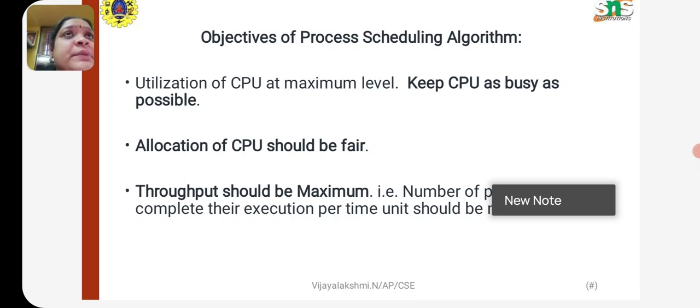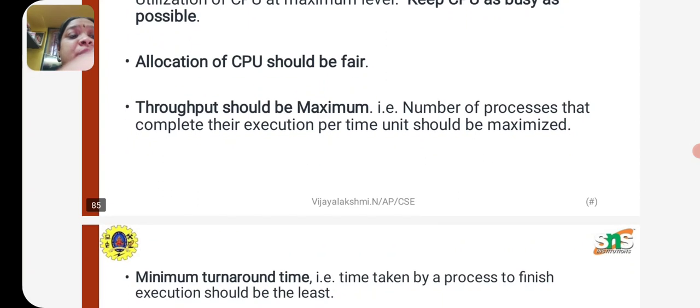Allocation of the CPU should be fair. One process should not be inside the CPU for a long period of time, which is not fair. And the throughput should be maximum. The number of processes that complete their execution per unit time should be maximized.